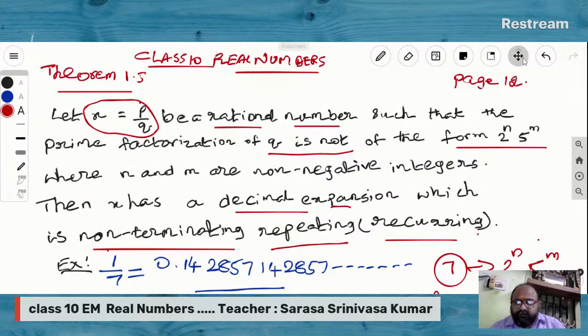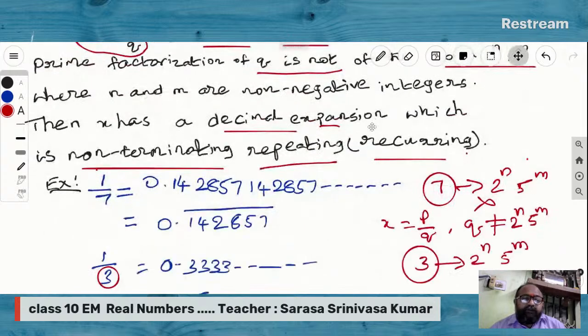For this, we can take an example 1 by 7. In the denominator, we have 7, and this 7 is not in the form of 2 power n 5 power m. So, we have got a non-terminating recurring decimal 0.142857 bar.